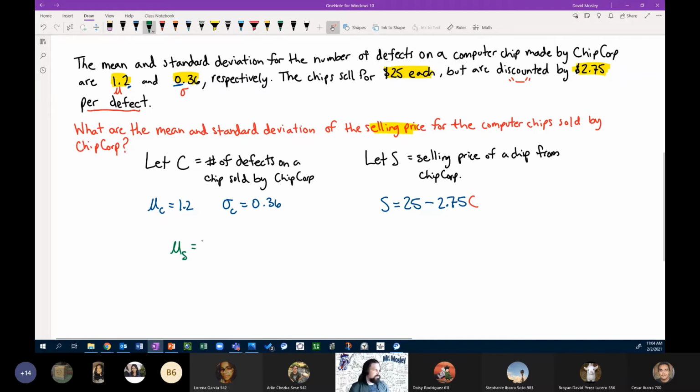The mean of S is equal to 25 minus 2.75 times the mean of C. That's going to be 25 minus 2.75 times 1.2, and that leads us to 21.70.